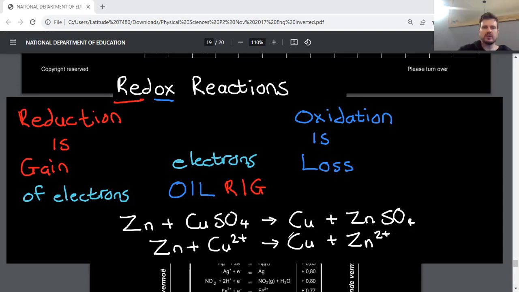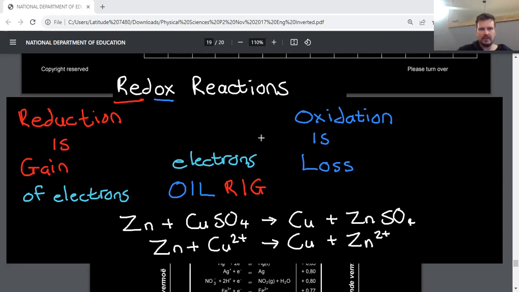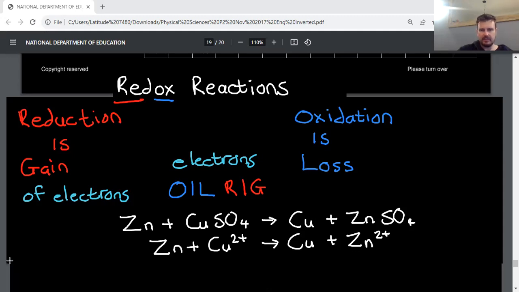For this to go to positive, it must lose electrons. Now this is called a half reaction.